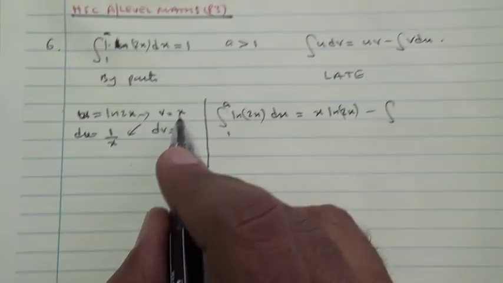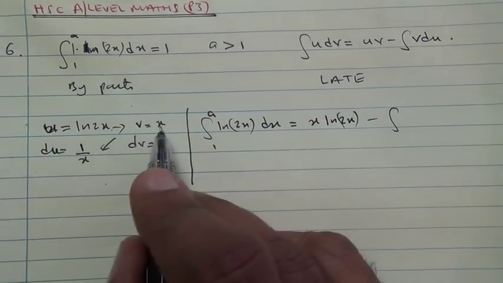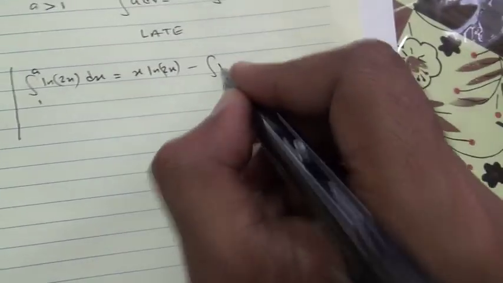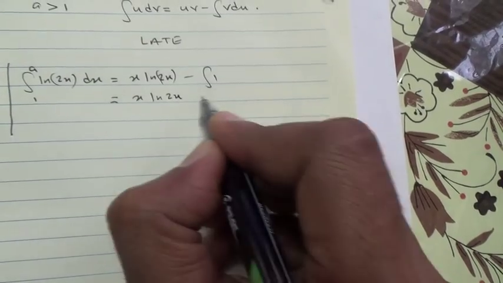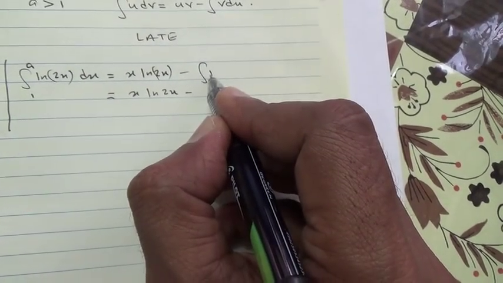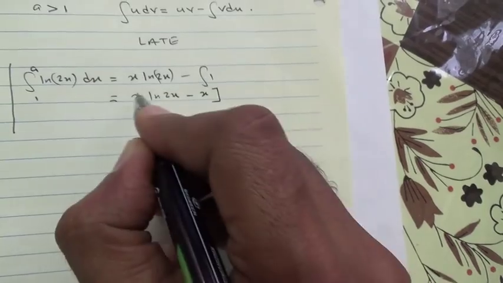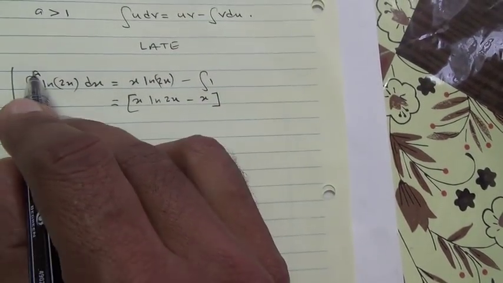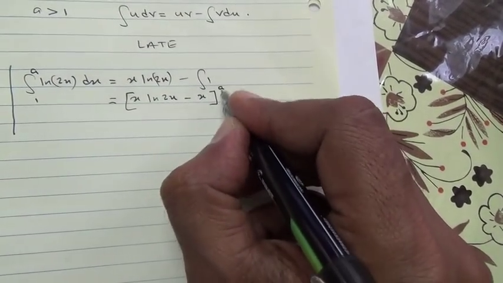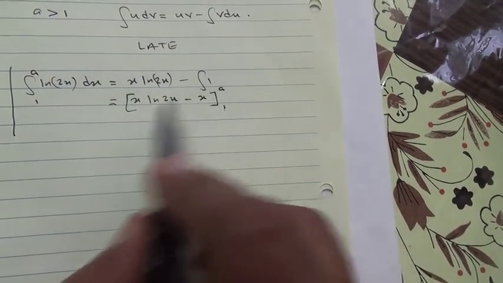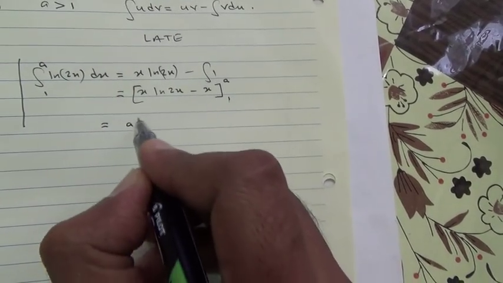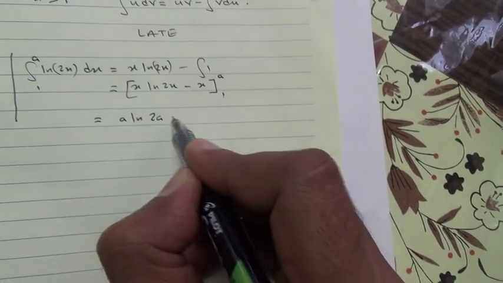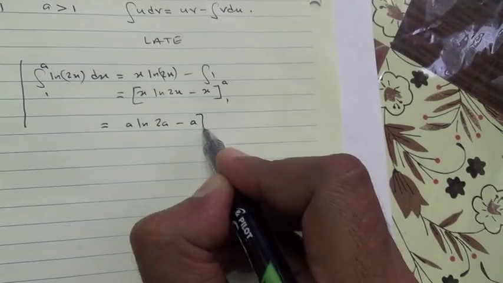V is x, and u is 1 upon x, so x times 1 upon x is 1, so the integration of 1 gives us x ln 2x minus x, with the limits 1 to a. Substitute the limits into this, and you end up with a ln 2a minus a.